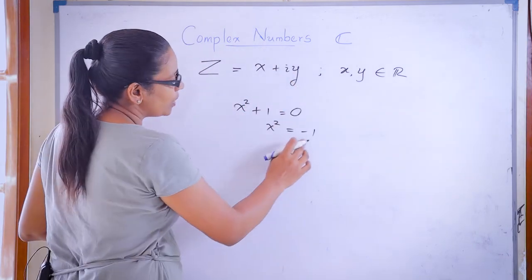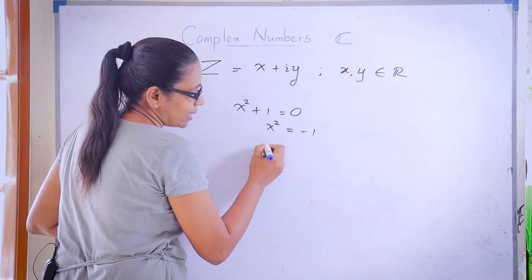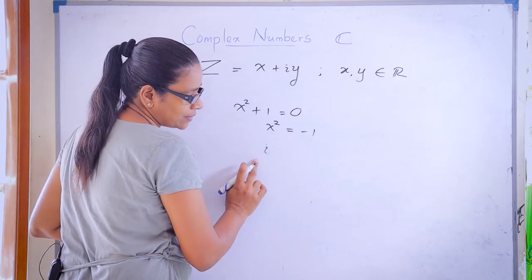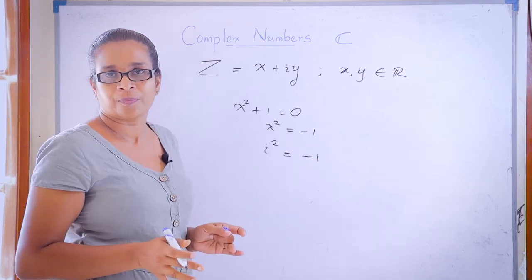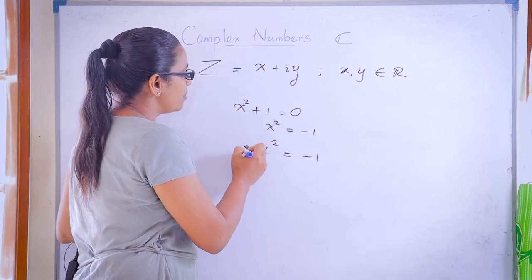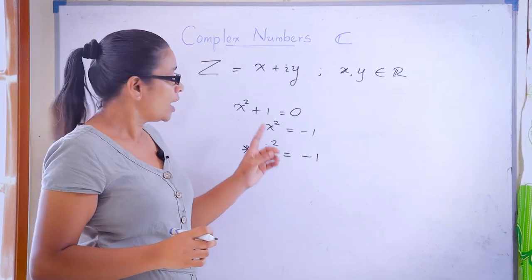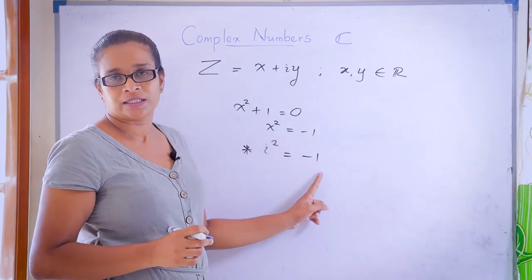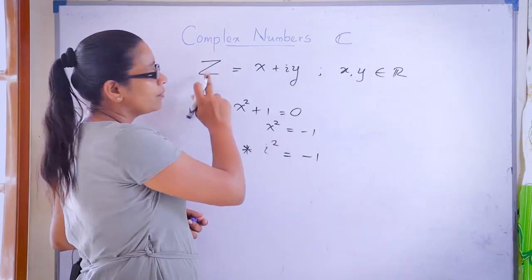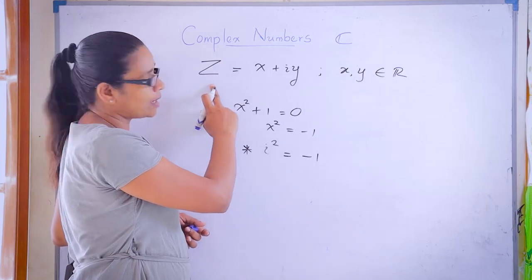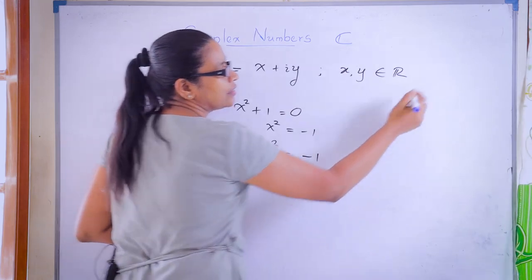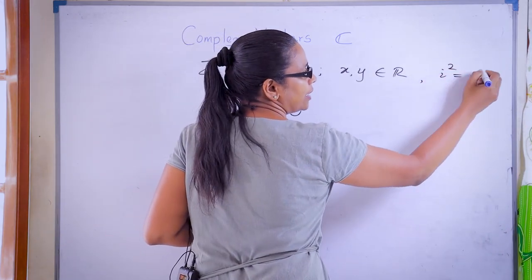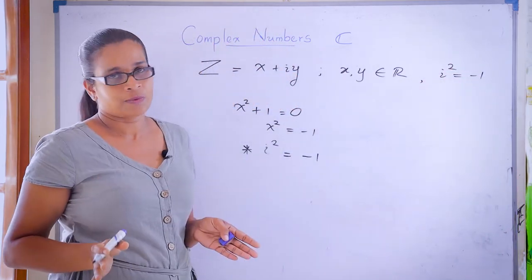Because of this, we represent i squared as minus 1. You have to remember this, it is really important: i squared equals minus 1. So when I write a complex number as x plus iy, this i value satisfies i squared equals minus 1.